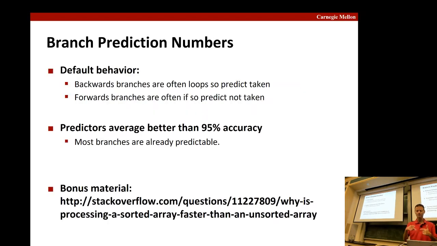So it kind of learns as the program is executing which is the better choice, the if-then or the else branch. As a result, you get at least 95% accuracy. That's good, but you will see the hiccups if you have code that doesn't allow for good branch prediction.